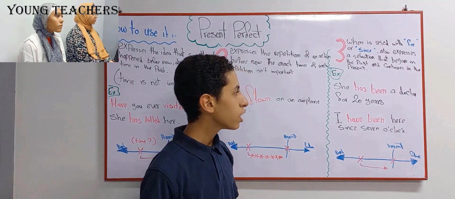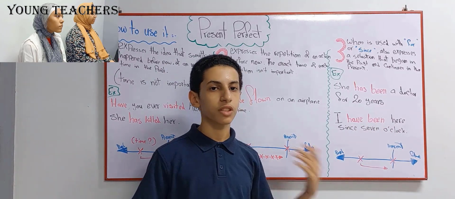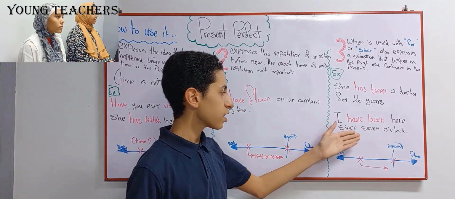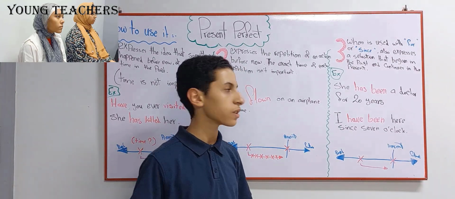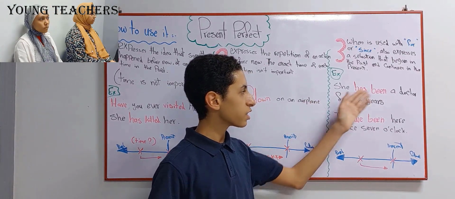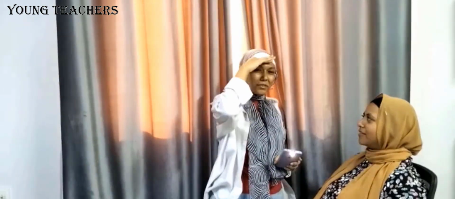For example, I have been here since 7 o'clock. So in the past, at 7 o'clock, he was in the place and he's still in the place until now, to the point of speaking. Another example, she has been a doctor for 20 years. So 20 years ago, she started being a doctor and she's still a doctor until now.